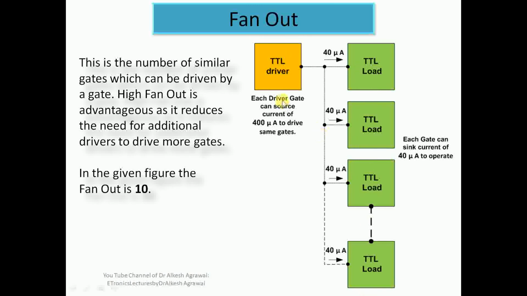Again, we can discuss how we calculated it. From a TTL driver gate you can draw a maximum of about 400 microampere of current, whereas a TTL gate, when it acts as a load, requires a minimum of 40 microampere of current to operate. So with the maximum capacity of 400 microampere, one TTL driver gate can operate 10 such similar gates. So we have a fan out value of 10.